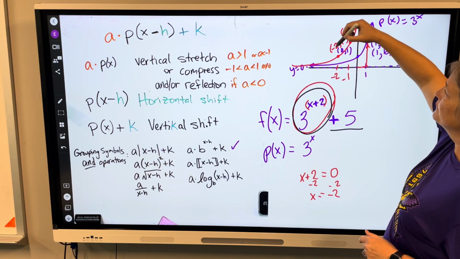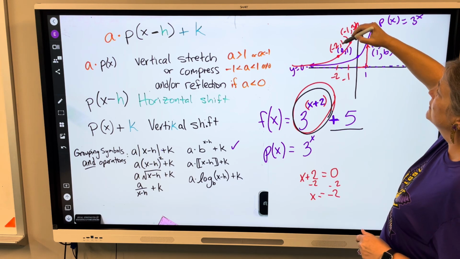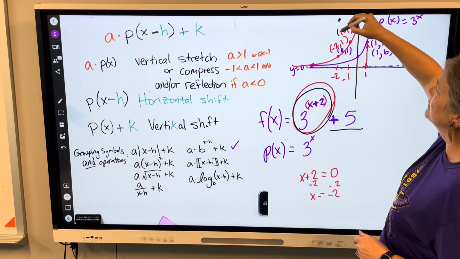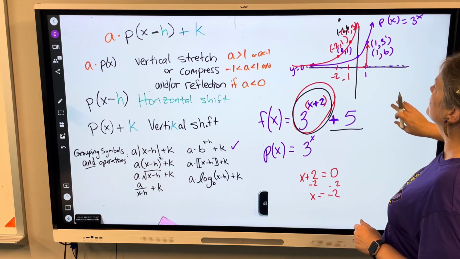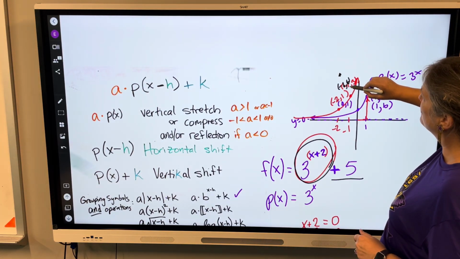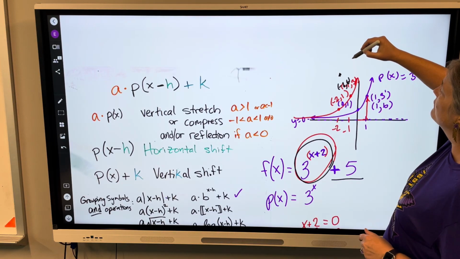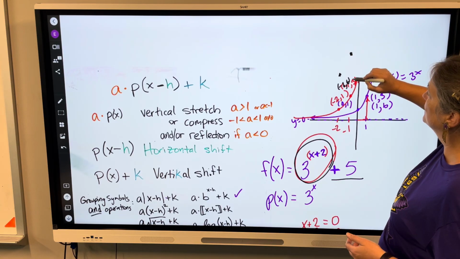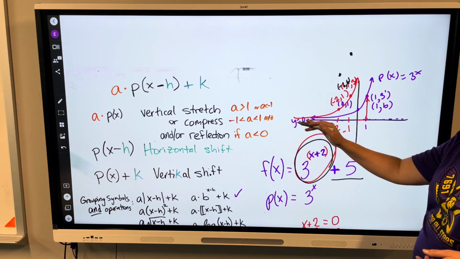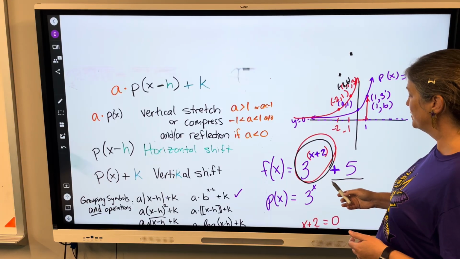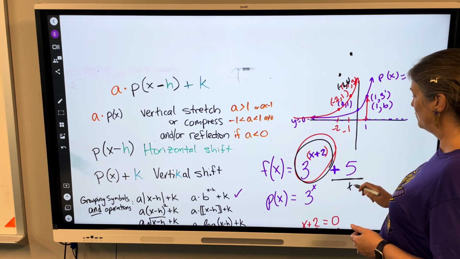So this goes from -2, 1 to -2, 6. And this point goes from -1, 3 to -1, what's 3 plus 5? 8. But this asymptote, this y equals 0 asymptote also gets to add 5 to the y.